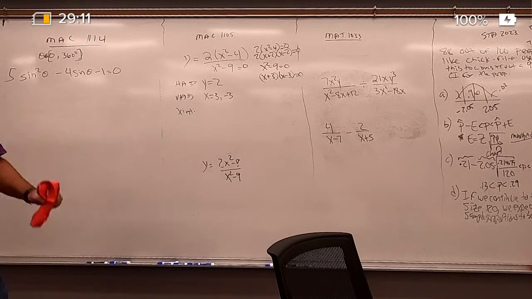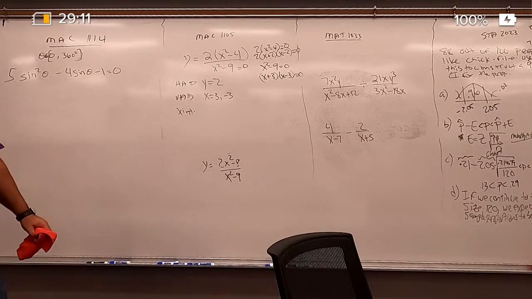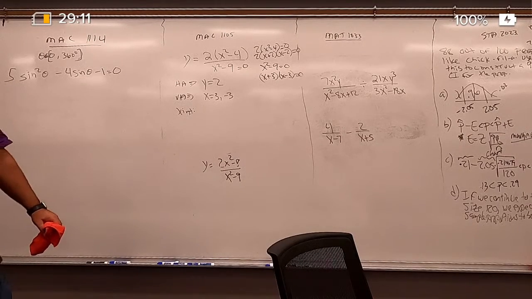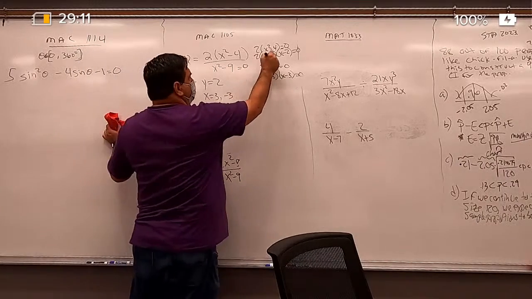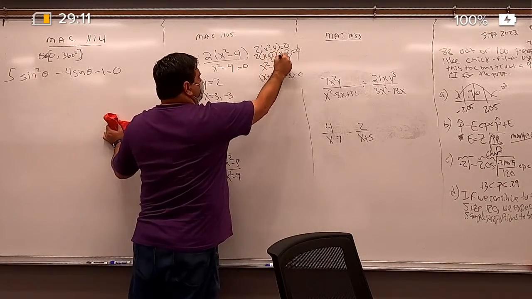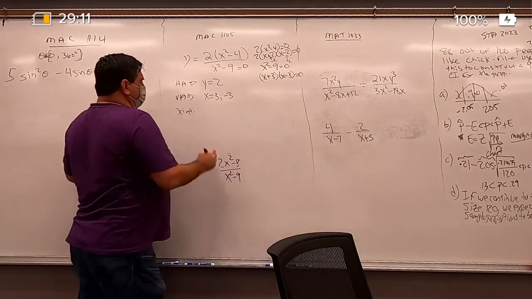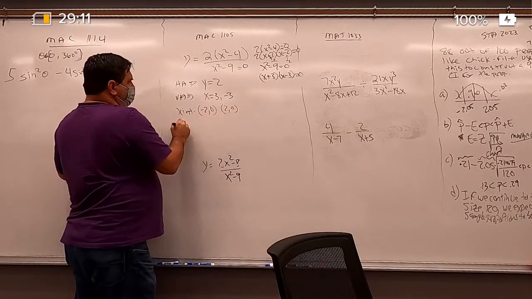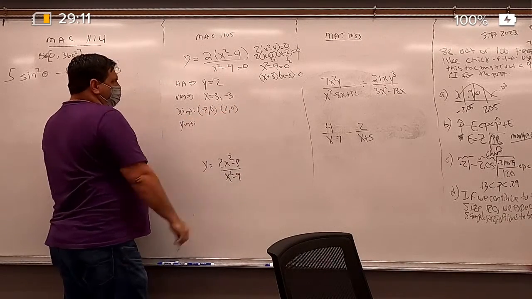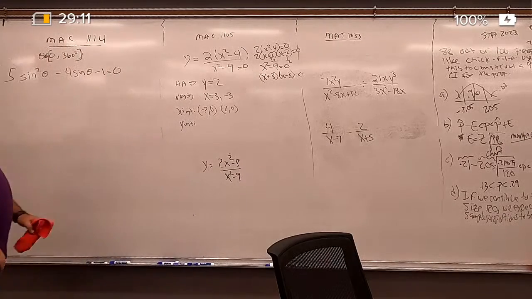No, okay. You factor the top. It's x plus 2, x minus 2. So that gives you x intercepts of negative 2 and positive 2.